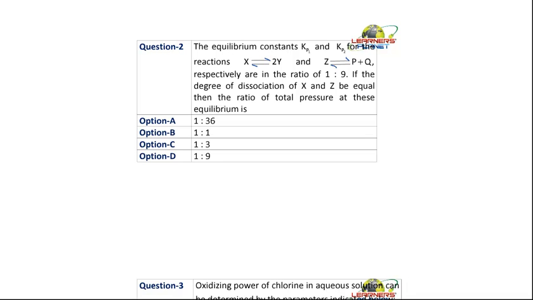See, we have been provided with X in equilibrium with 2Y. Now, initially there was 1 mole of X and this was 0. Now at equilibrium, let x moles of X have been dissociated. This you must be knowing.